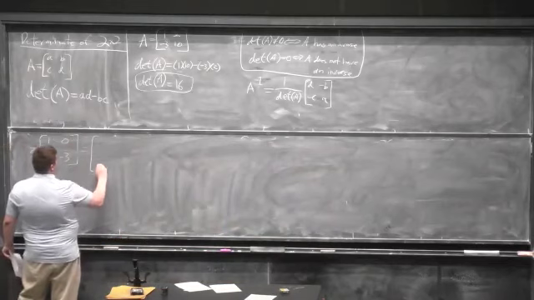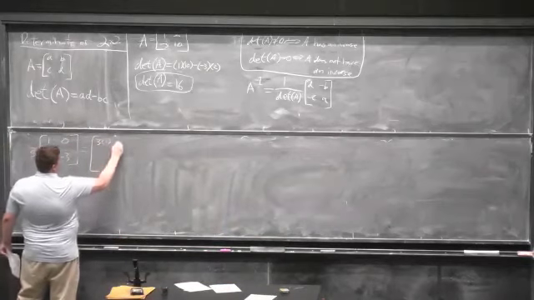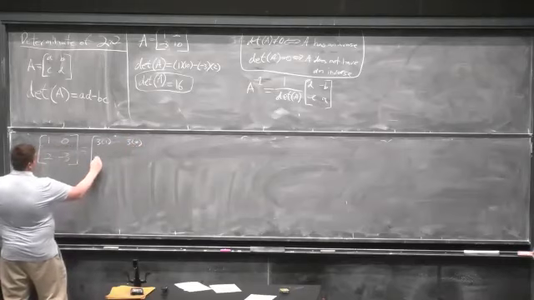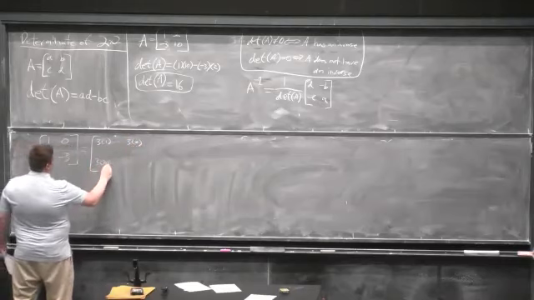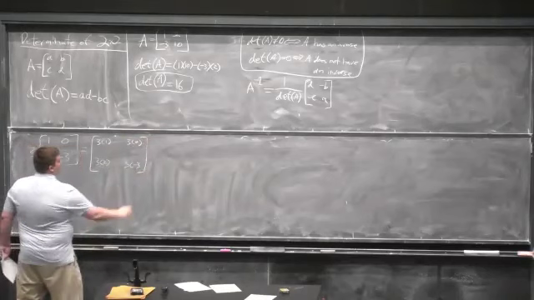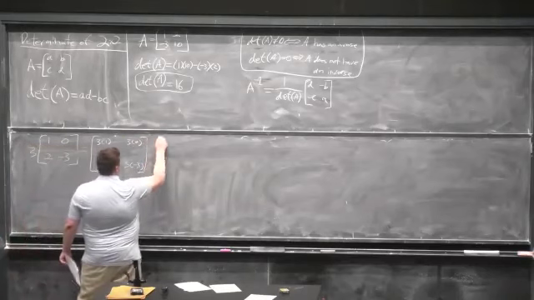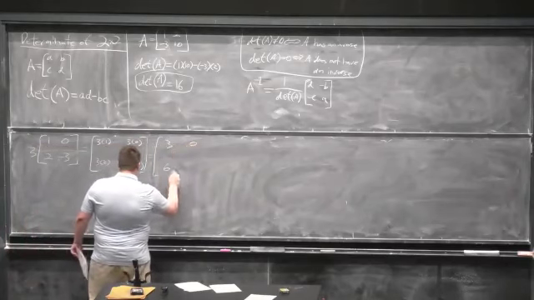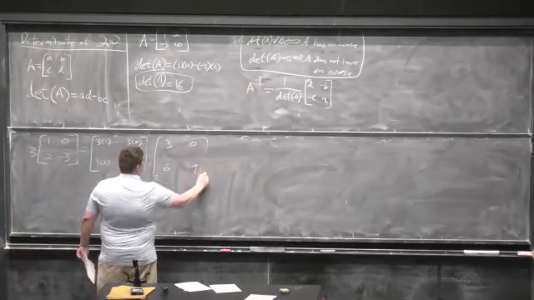So I'm going to have 3 times 1, 3 times 0, 3 times 2, and 3 times -3. And the resulting matrix is 3, 0, 6, -9.